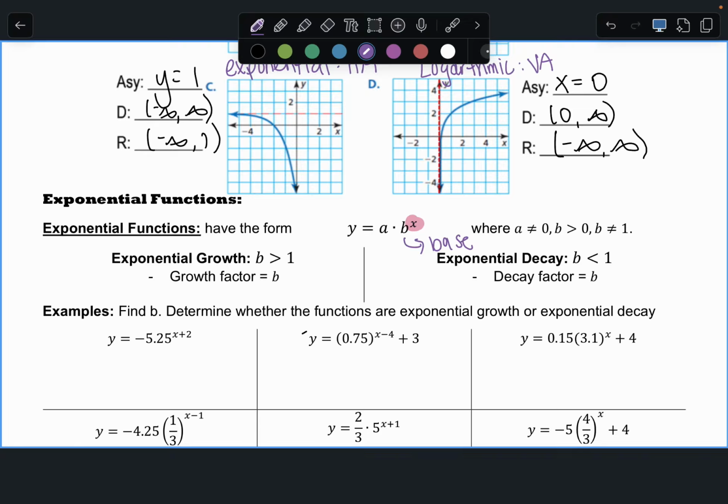And one restriction that we have on our base here is that we're never going to have that base be a negative number. Because let's think about what happens. If this is negative 2, what's negative 2 to the first? Negative 2. What's negative 2 to the negative first?